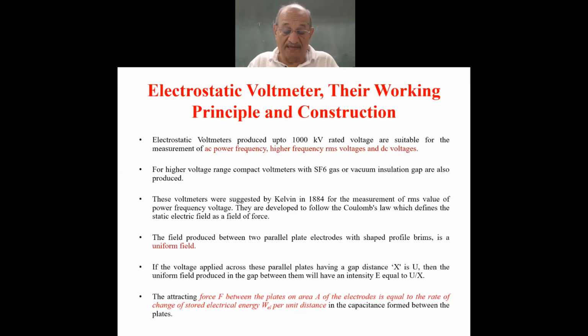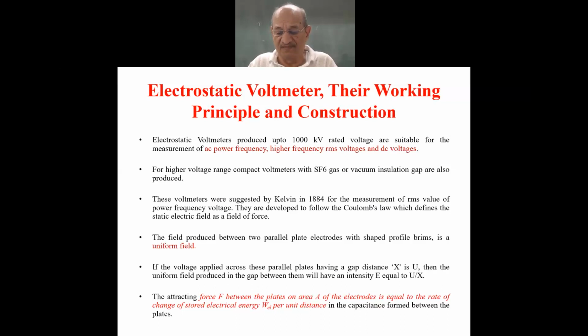If the voltage applied across these parallel plates having a gap distance, let's say x, it has been taken to be capital X here. So don't worry about it. We have deliberately not taken d as the gap distance because we need d for differentiation also. Then the uniform field produced in the gap between them will have an electric field intensity E equal to U by X. This is the case in all uniform fields.